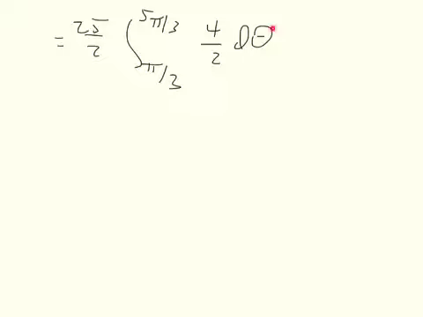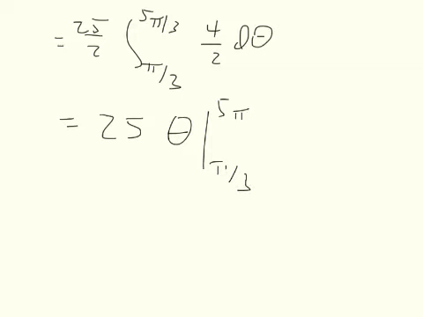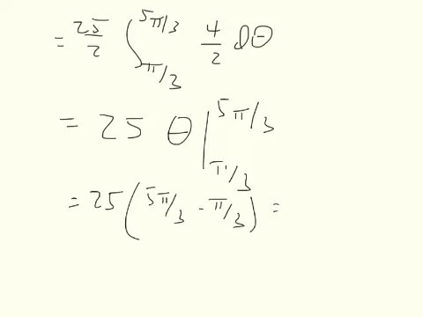Now I'm ready to integrate in theta. We're going to get 25 times theta from pi over 3 to 5 pi over 3, which is 25 times 5 pi over 3 minus pi over 3, equals 25 times 4 pi over 3.